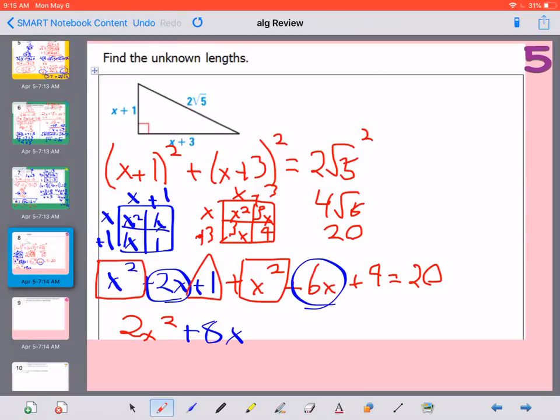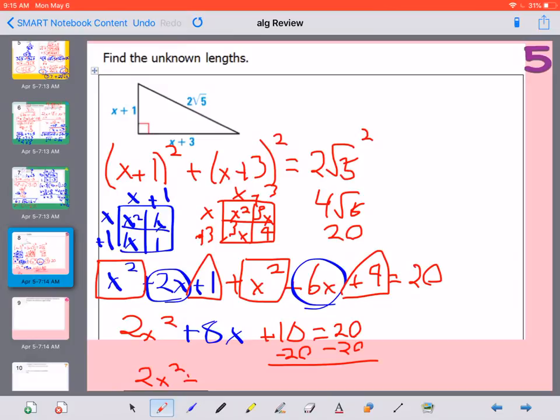Then 1 and 9, that gives me 10, equals 20. I'm going to move the 20 over. So 2x squared plus 8x minus 10 equals 0.